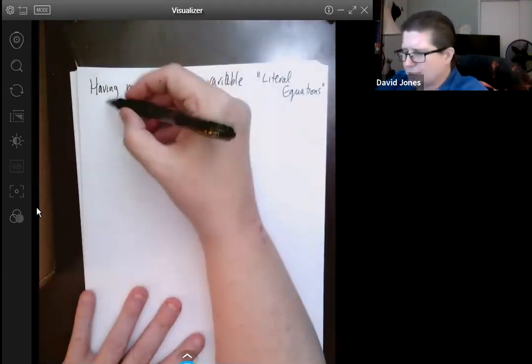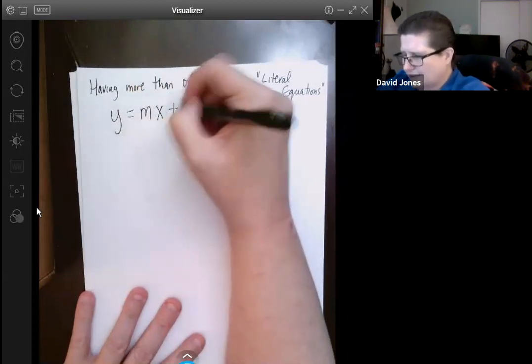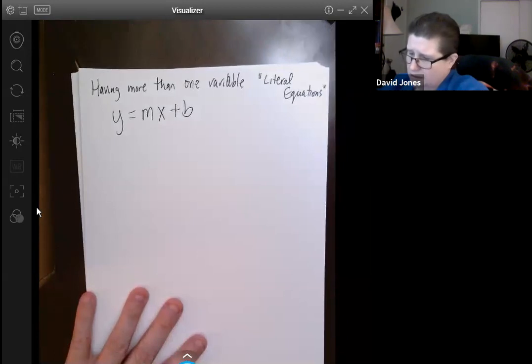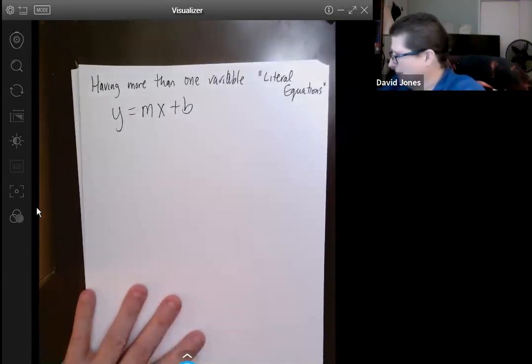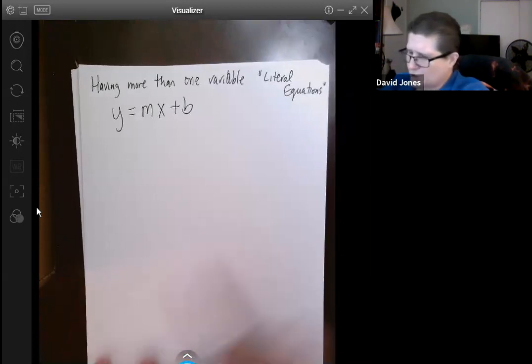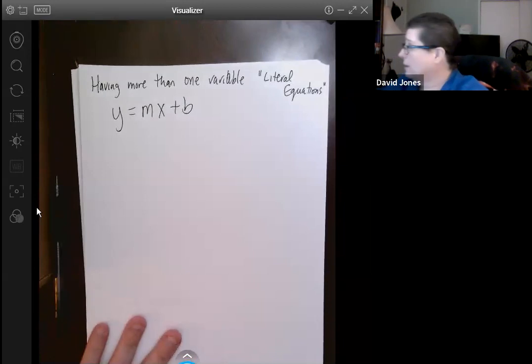Common ones you'll see, well, you'll have like y and x in there. In fact, we're going to see that equation again later. So you have more than one variable. Oftentimes it's just two, but you can have more.